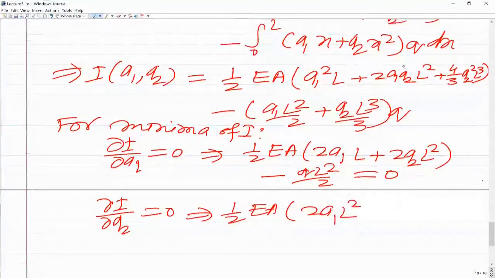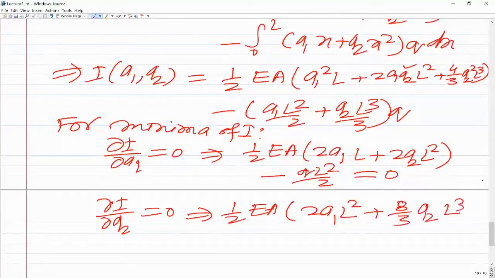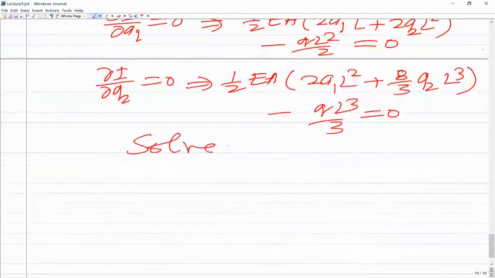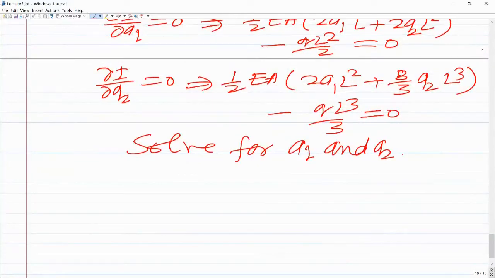Plus we will have 8 by 3, because this is a2 square, so 2 into a2 will come, so 8 by 3 a2 into L cube, and from this we will get minus q L cube by 3 equal to 0. So now you can solve these two equations for a1 and a2, and once you do that you get the solution.